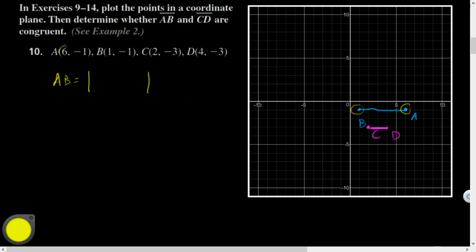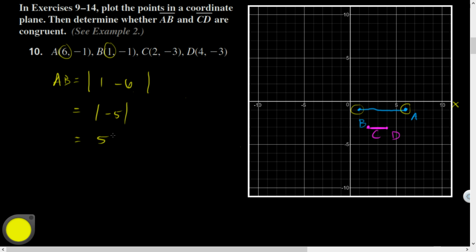I'm choosing the x coordinates because those are the ones that are different, and because it's horizontally oriented. I can do 6 - 1, or 1 - 6, and the absolute value will take care of it.